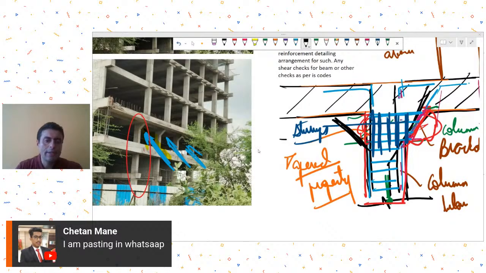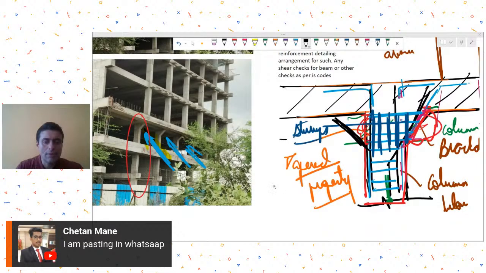So we will take it up next session then. All the questions you can continue to put in the Google form. As I have told you before also, the link for the Google form remains the same.